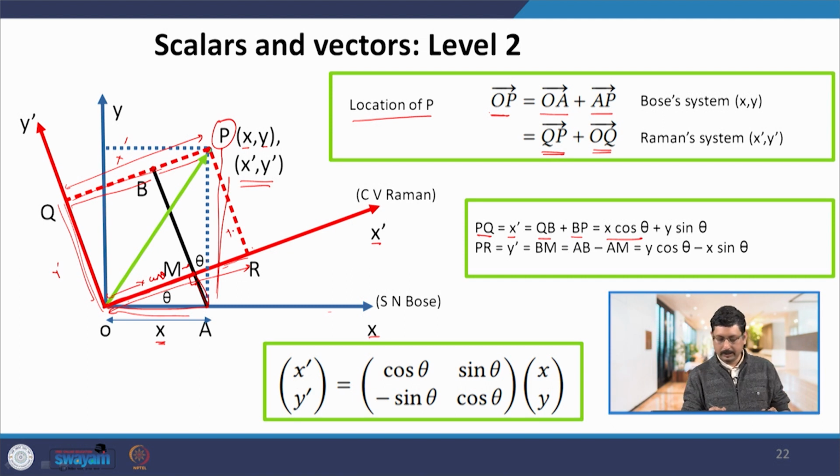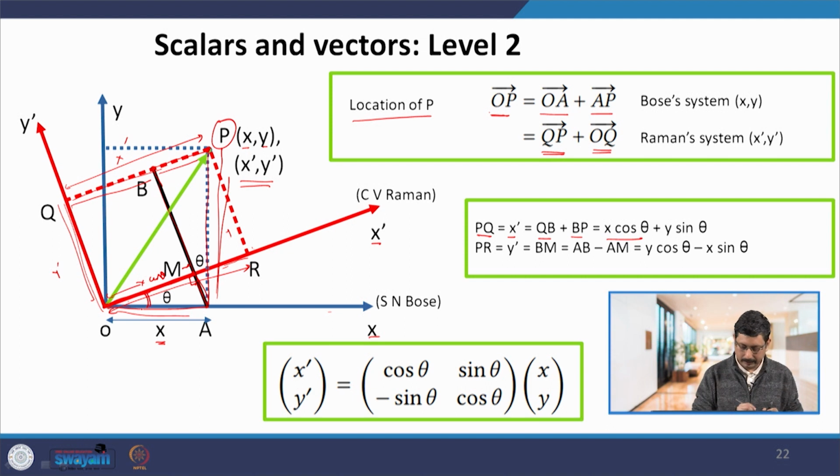Now, if you take the other, how much is BP? Consider this triangle ABP. Now, you can easily show by applying geometry that the angle between the x axis in the red frame and the x axis in the blue frame for Bose's choice of coordinate system is theta.